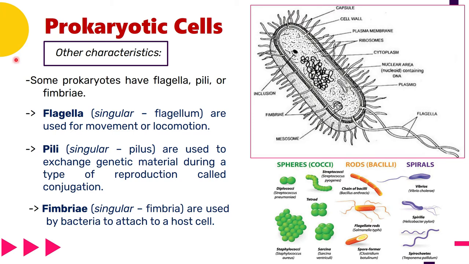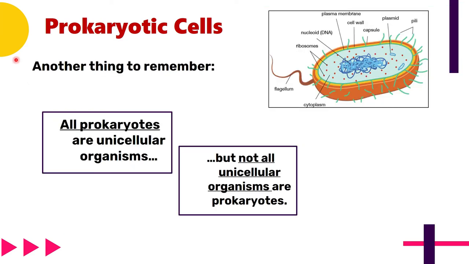So we also have another characteristic of prokaryotic cells. Please remember that all prokaryotes are unicellular organisms. So there is no prokaryote that is a multicellular organism. They are all unicellular organisms.